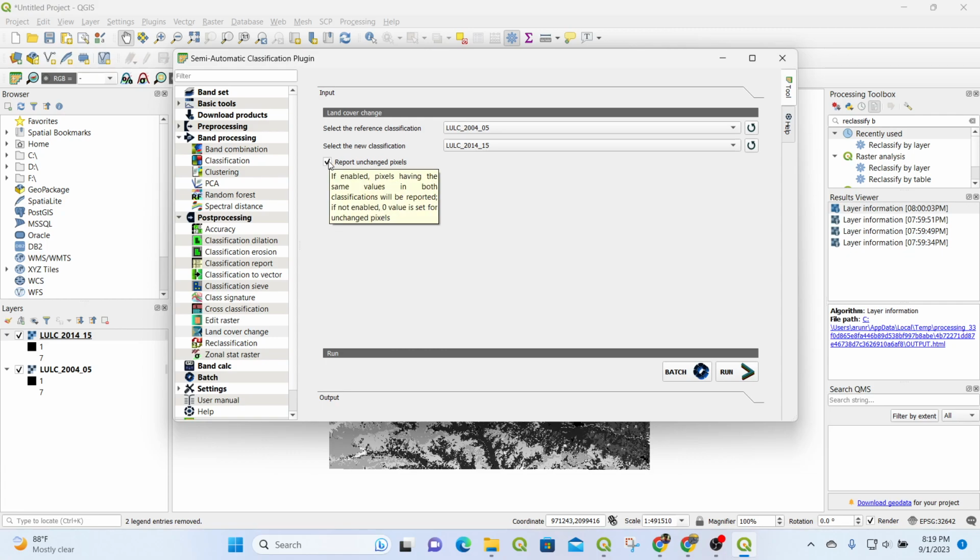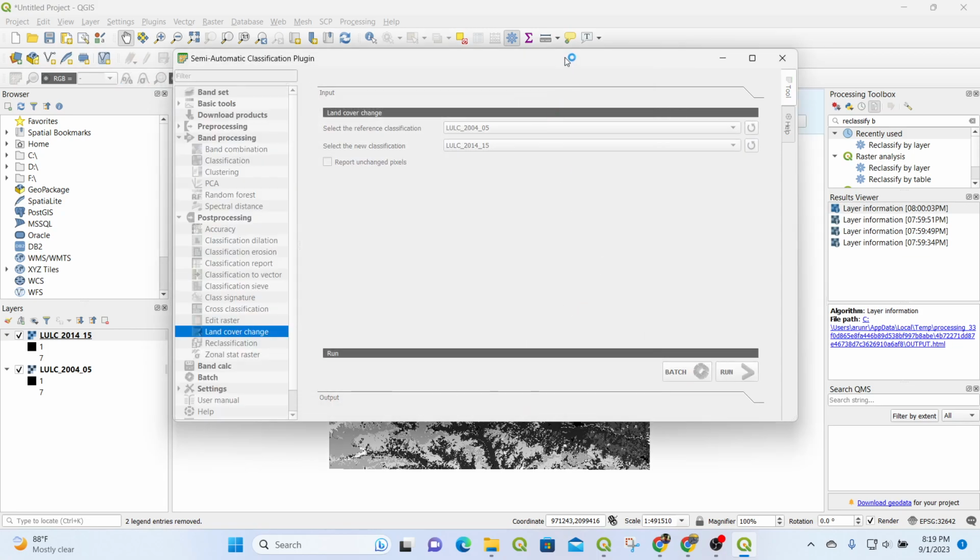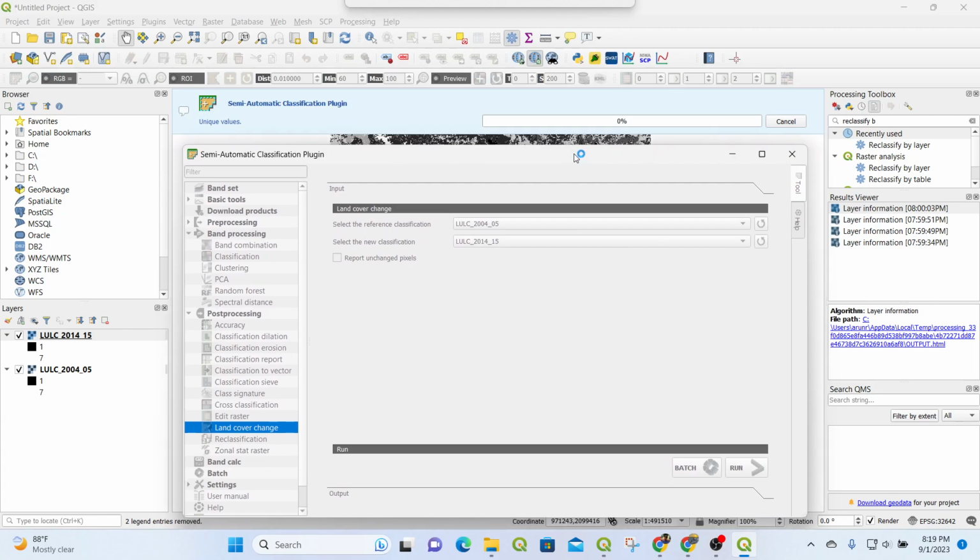In the report, I don't want to report unchanged pixels, so you just select these two and then you can run it. So now you need to save the change map. It will go pixel by pixel and compare which pixel has converted into which pixel.